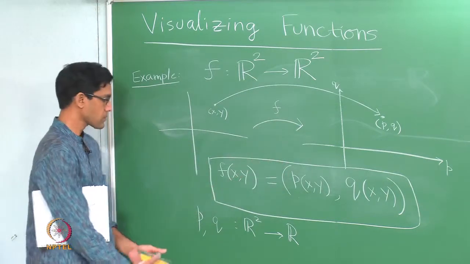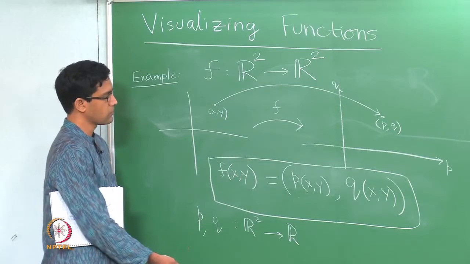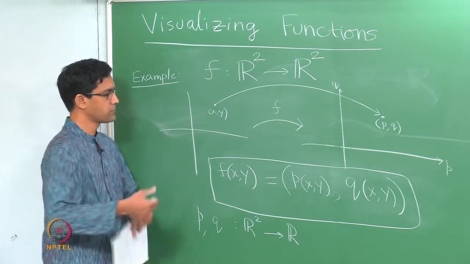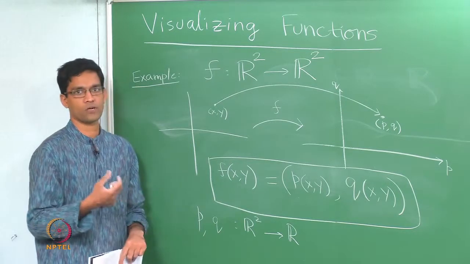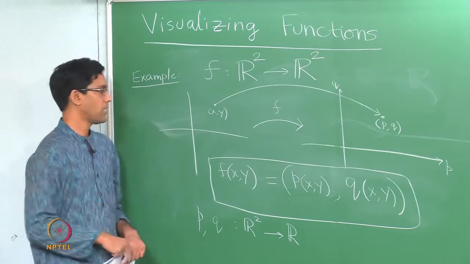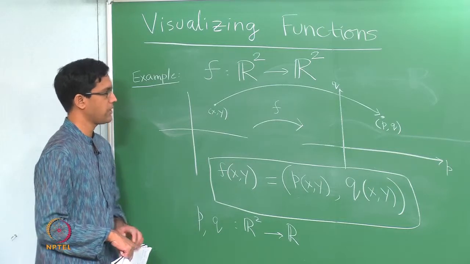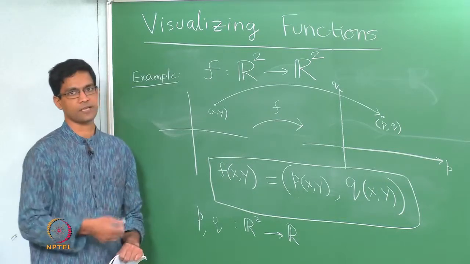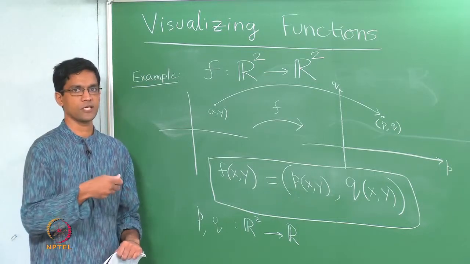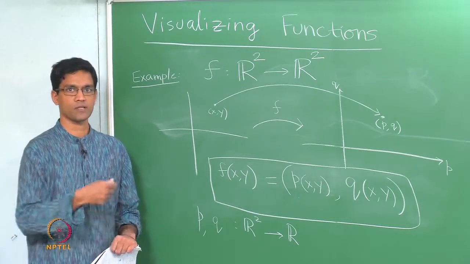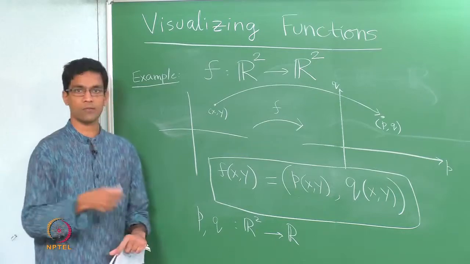So, this geometrical point of view often gives you a better feel for what the function really does, and it also leads naturally to notions of linear transformations and to matrices and various other connections to other things that we have talked about. But more on that next time.